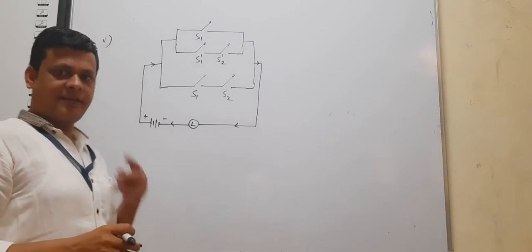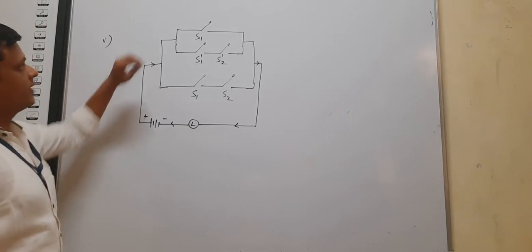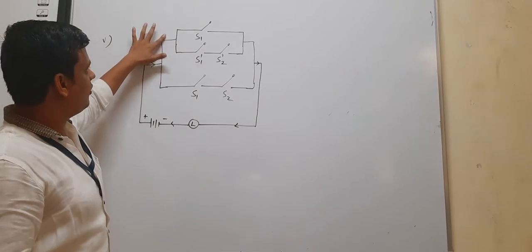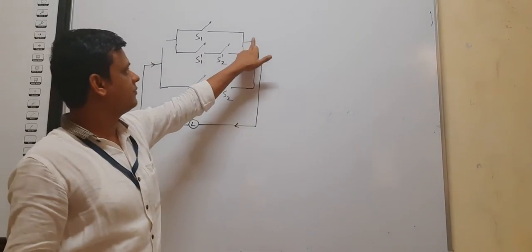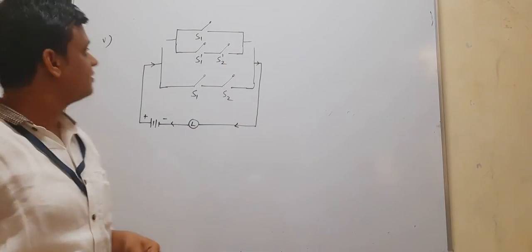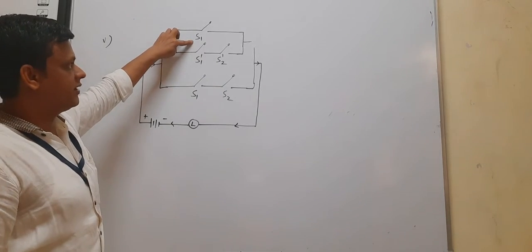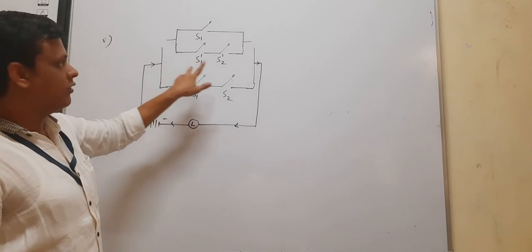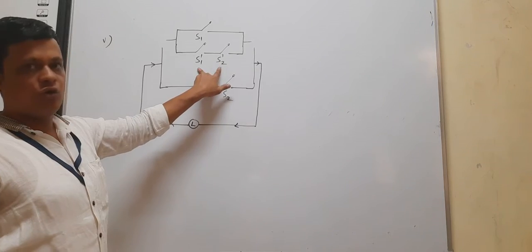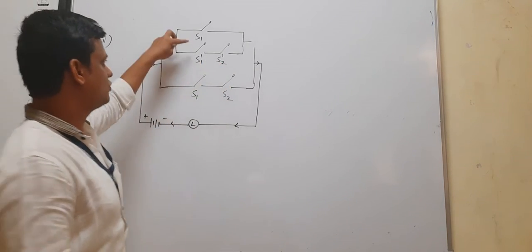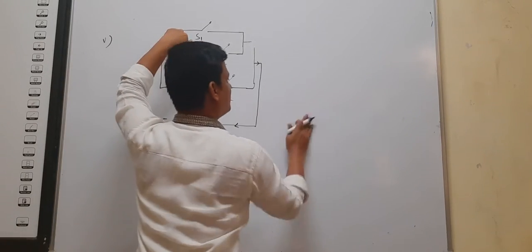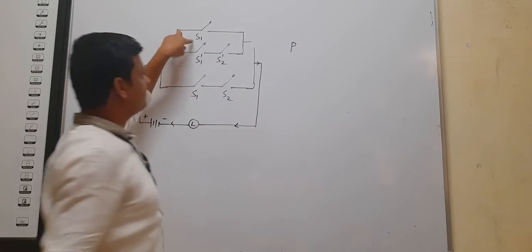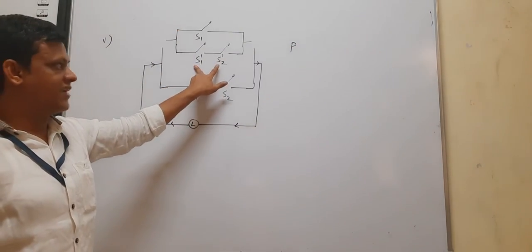See the last example. Observe this circuit. I disconnect it first. This switch S1 is in parallel combination with these two switches. So we write for S1 statement P, and S1 dash and S2 dash.